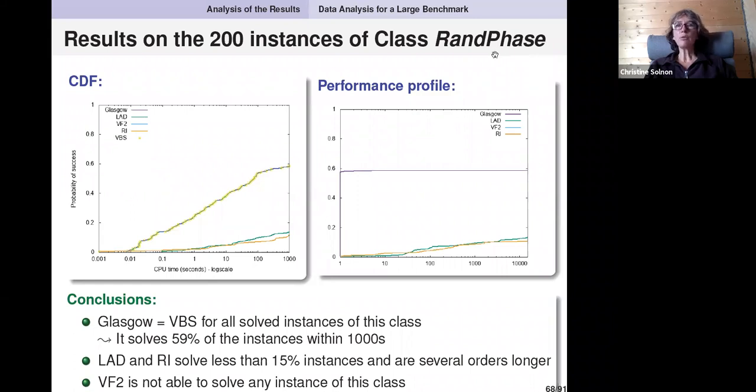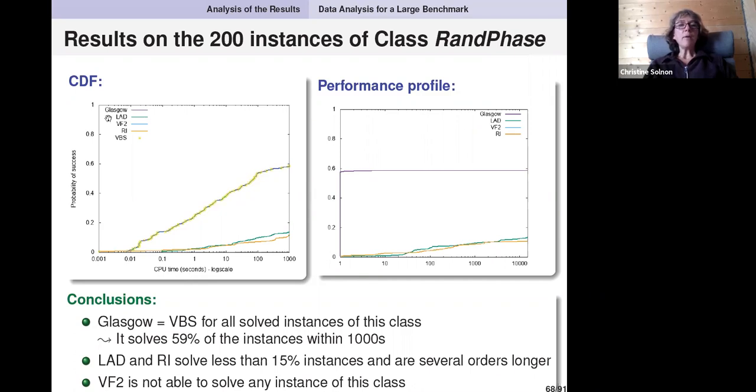So we have deliberately built very difficult instances, which are very small instances with only 30 nodes. And on these instances, the VBS plot and the Glasgow plot are the same. So on these instances, Glasgow is the best solver and the single winner.